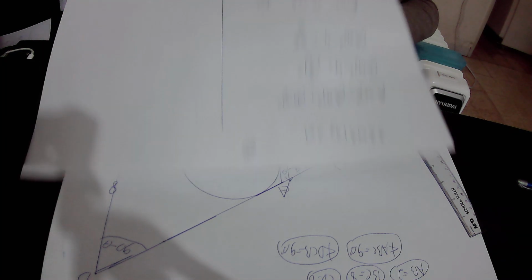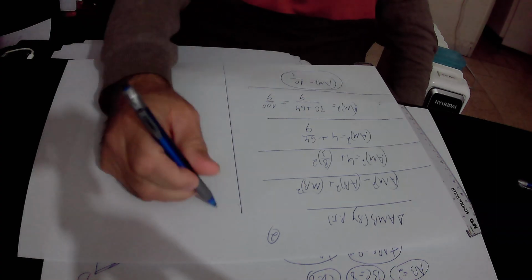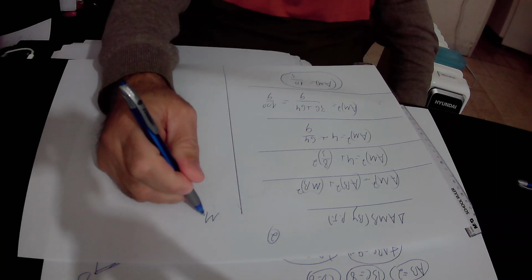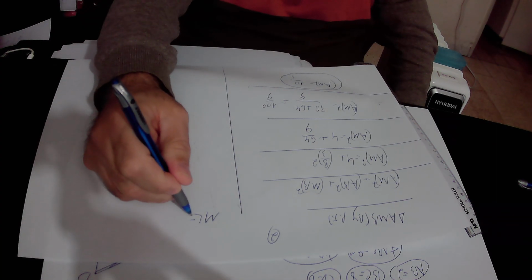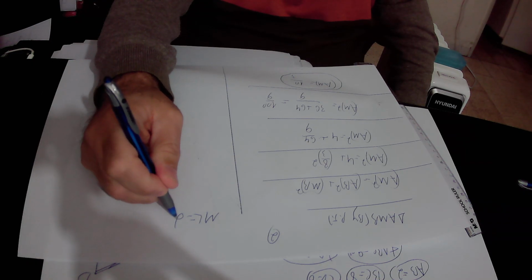So we can write here that ML is the diameter of the circle.